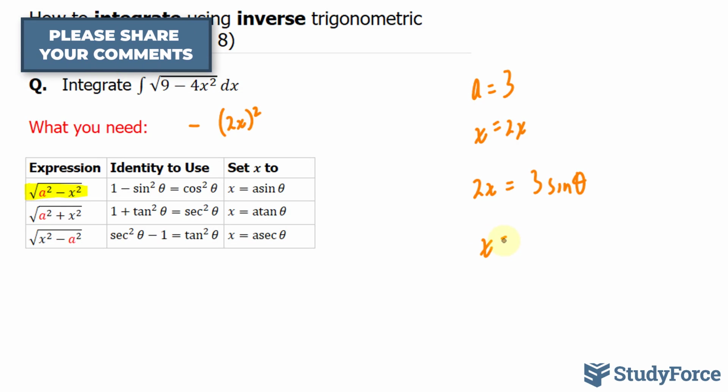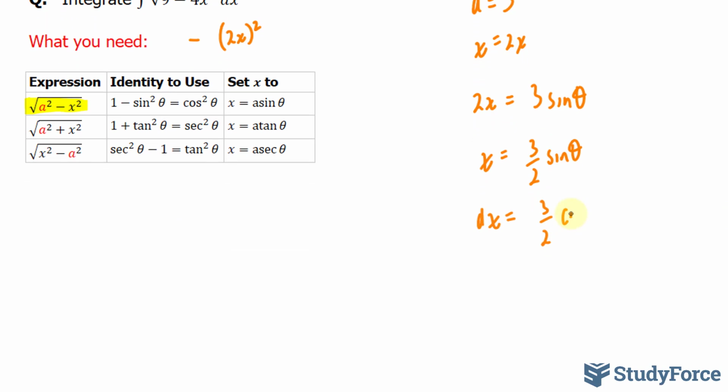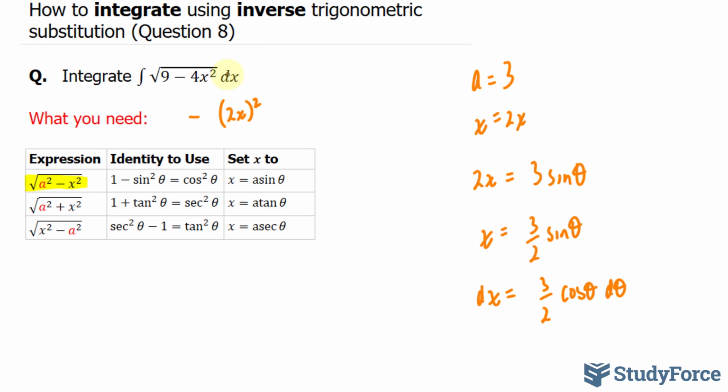We have x is equal to 3 over 2. And the derivative of sine is cosine theta. Cosine theta d theta. So we just found out what we can replace dx with. It will be replaced with the following. And at the same time, we can replace 2x with 3 sine theta.